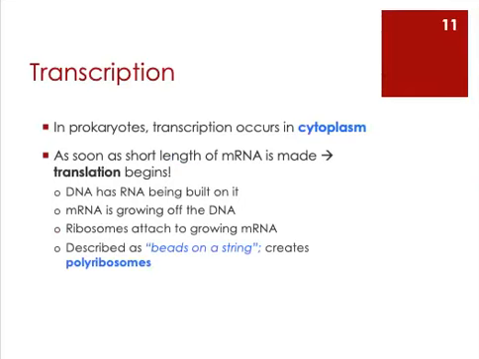So transcription has 3 phases. It has an initiation phase, where the RNA polymerase enzyme locates and binds to the promoter region in the regulatory portion of a gene. Then it has an elongation phase, where the RNA polymerase enzyme will travel along the length of the gene, the protein coding region of the gene, and it will build an RNA off of the template strand of DNA.